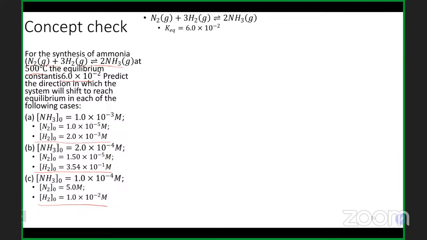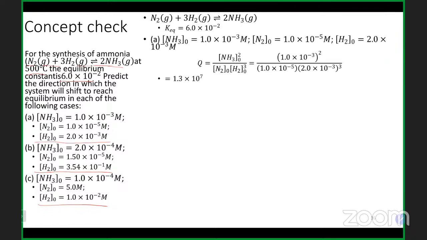So in order to predict, we need to calculate the reaction quotient for each one. In the first case, substituting the values of the concentrations given, we have 1.37 times 10 raised to the power 7, meaning that Q is greater than K equilibrium. Because Q is greater than K, it will shift to the reactant side.